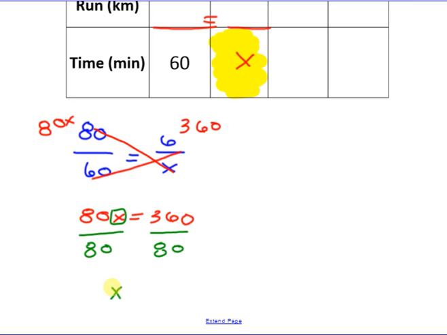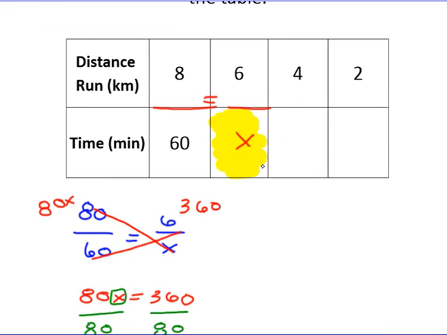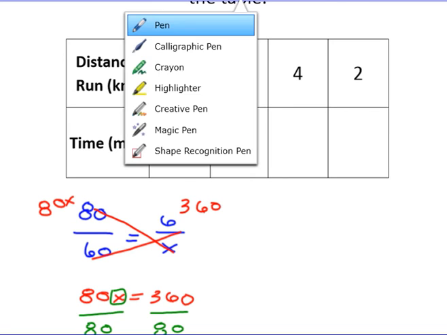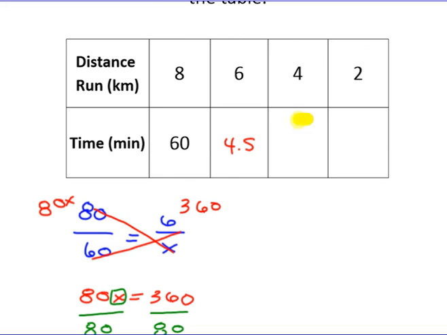So x equals 4.5. Alright, so now here we have 4.5. Now we're going to focus on this box right here. So we're going to have 6 over 4.